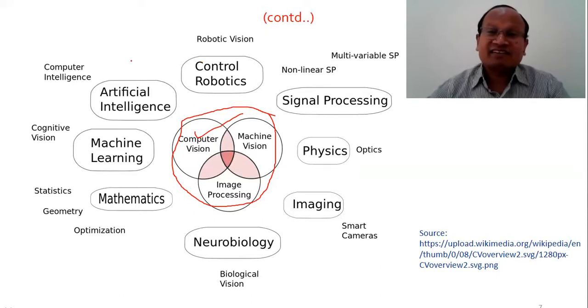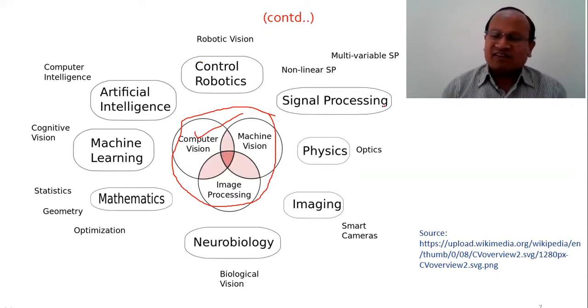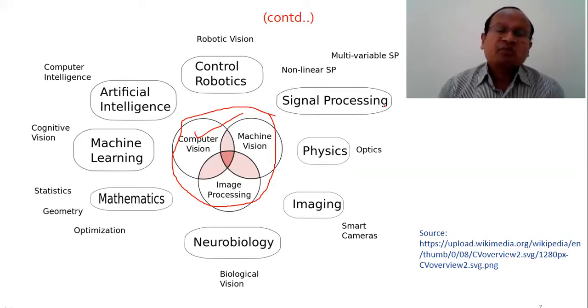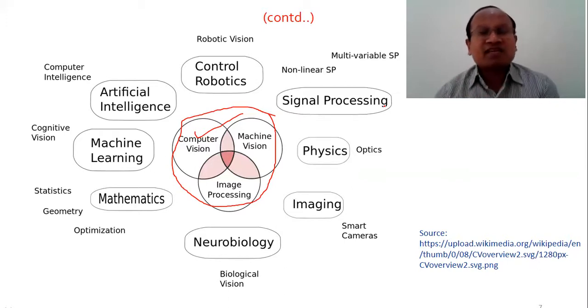Signal processing, this is a most important thing. When we talk about computer vision, it captures, interprets, and understands a signal. So everywhere signal processing is involved, whether it is pre-processing, feature extraction, classification or post-processing.